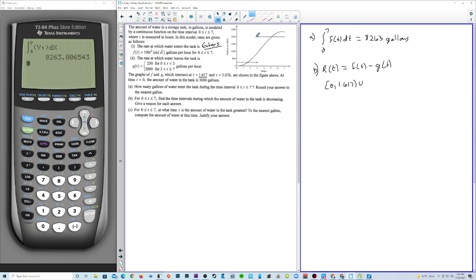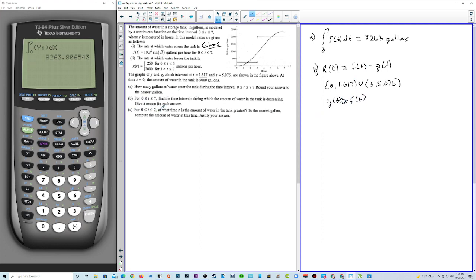And then the line is above the curve from 3 to 5.076. So 3 to 5.076. Now, how would I know that overall the water is leaving? G of t is greater than f of t, and that's a greater than sign. Greater than. Yeah, give a reason for each answer.